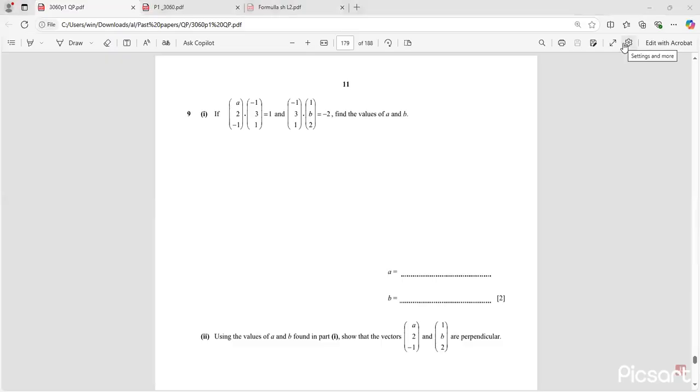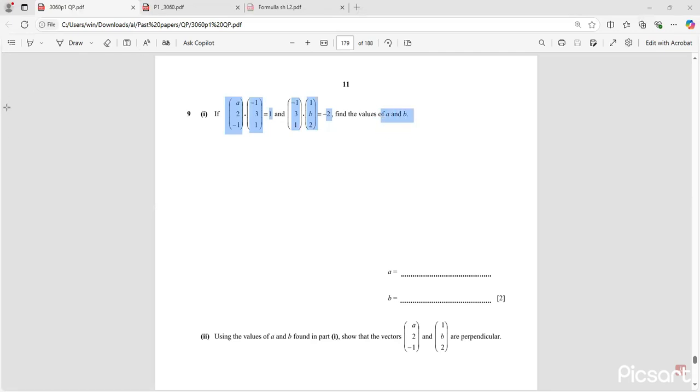Okay, question number 9, vectors. He gave you: if vector a, 2, negative 1, dot product (scalar product) with negative 1, 3, 1 equals 1, and negative 1, 3, 1 scalar product with 1, b, 2 equals negative 2. Find the value of a and b. Very easy.